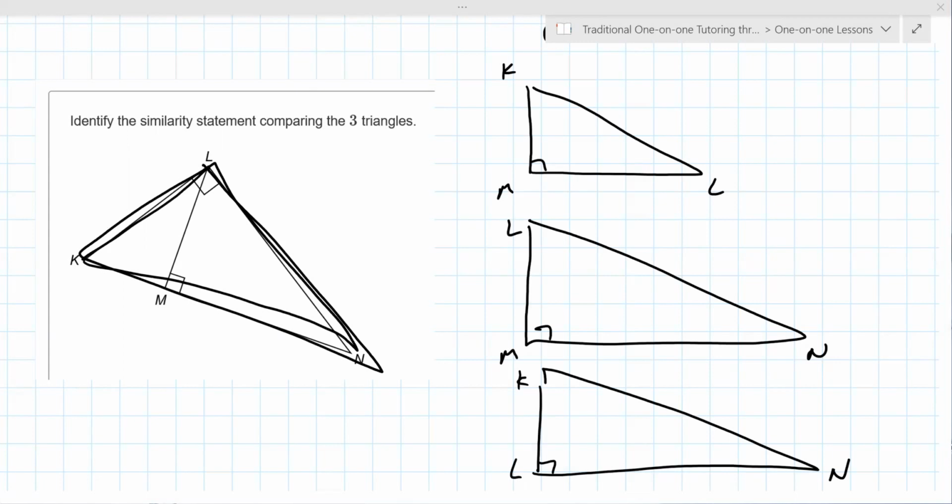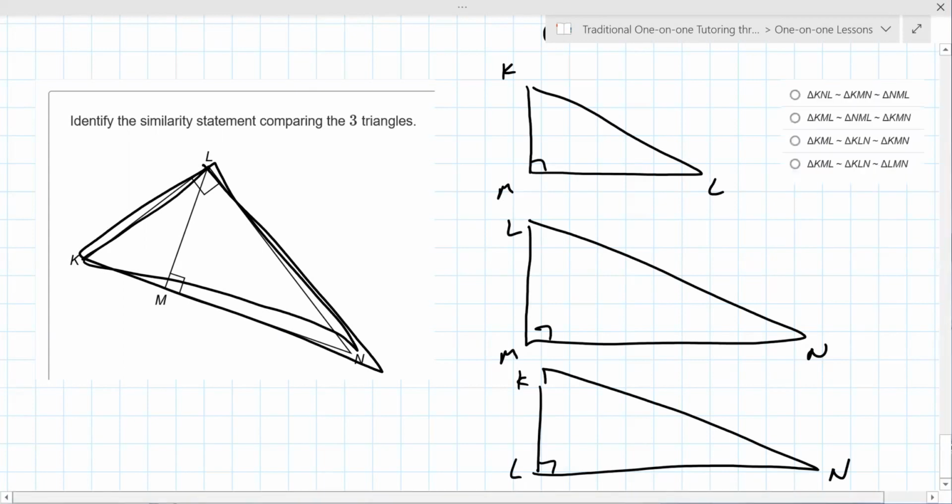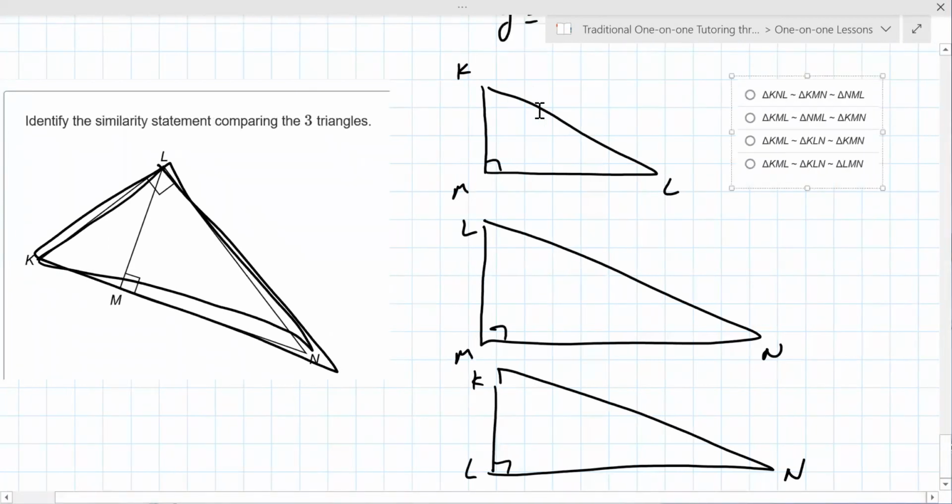Now this is the hard part, coming up with the correct answer, because there are a lot of the same letters, but it's about orientation. K to L means you're going in this direction, so the other triangles also have to go in that direction.